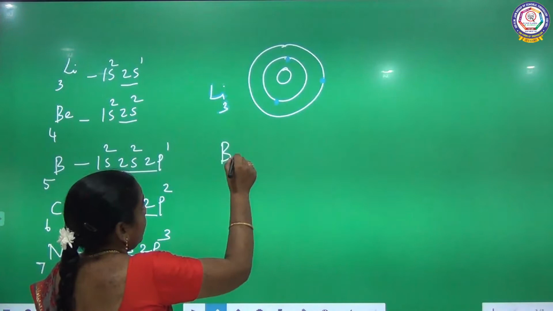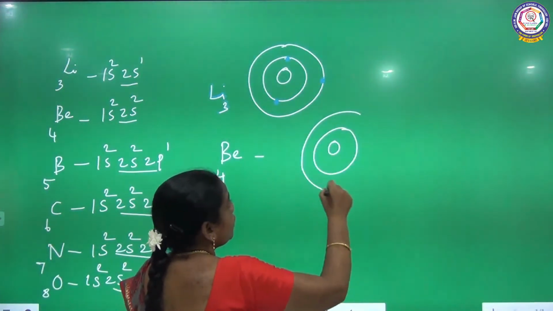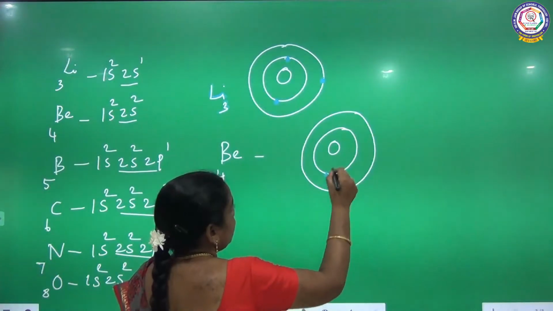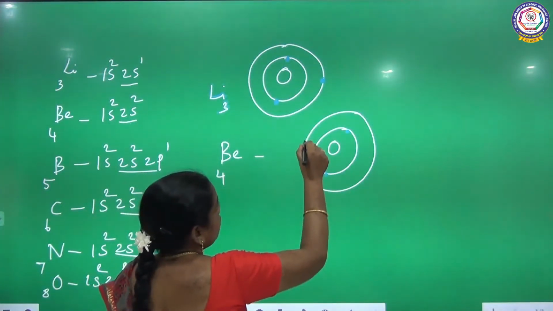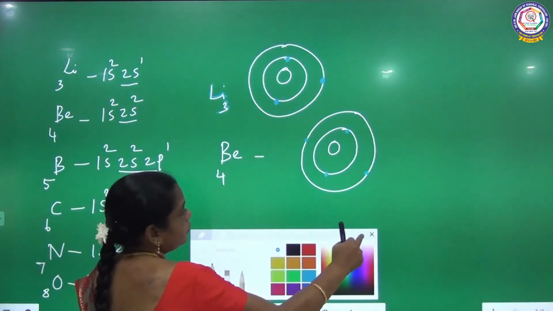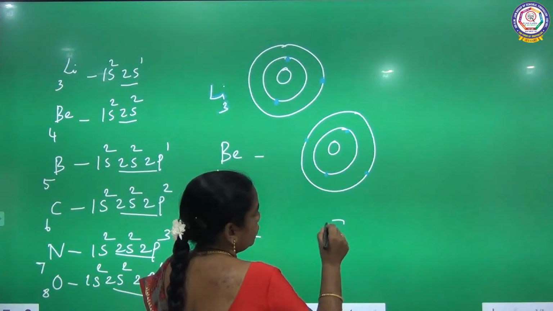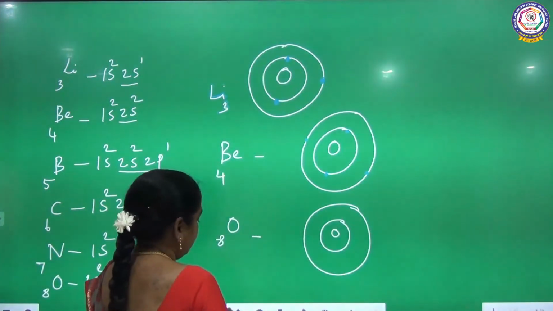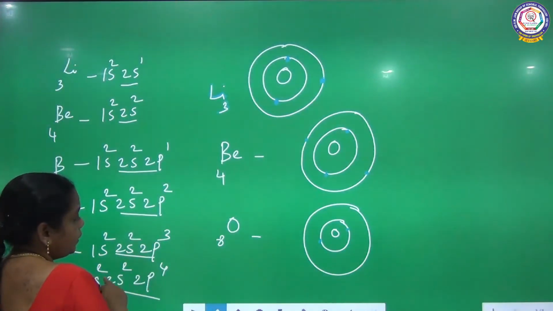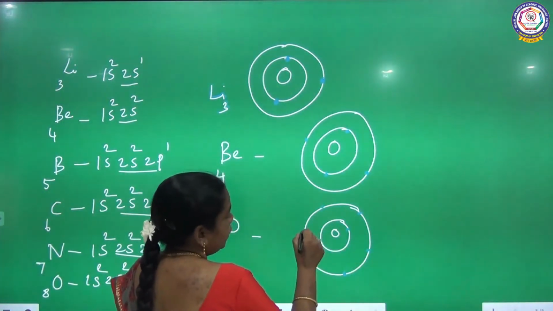Next beryllium 4: 2 electrons in the first energy level and then 2 electrons in the second energy level. Now compare with oxygen 8: 2 electrons in the first energy level and 6 electrons in the second energy level. 1, 2, 3, 4, 5, 6.